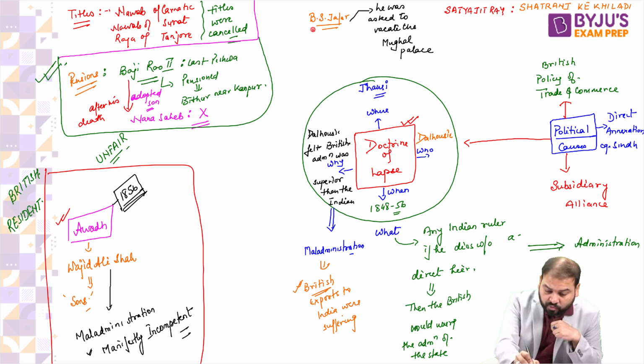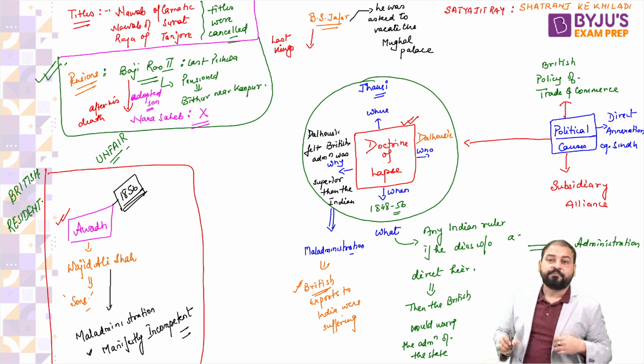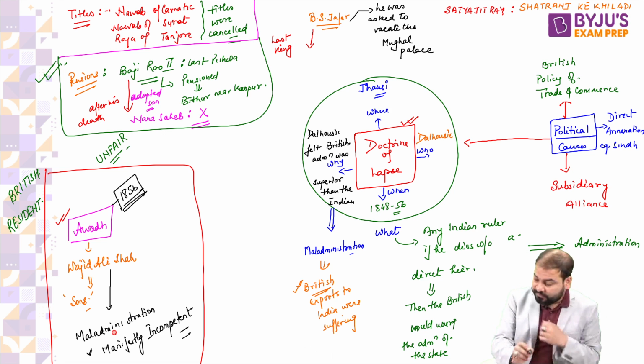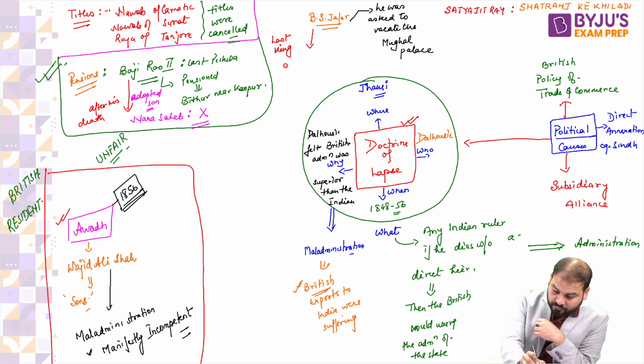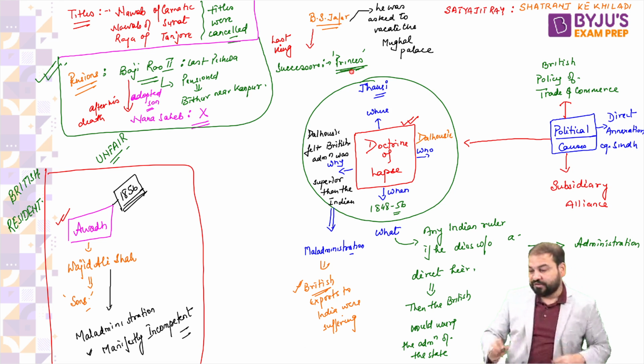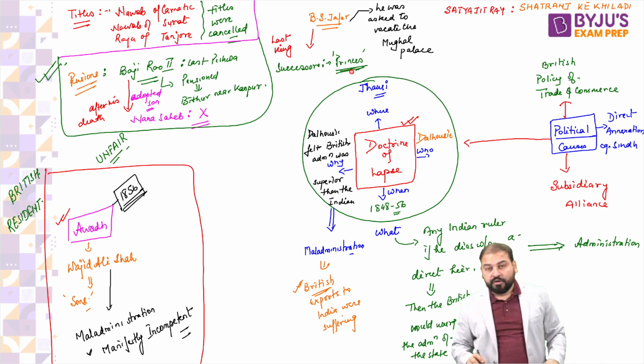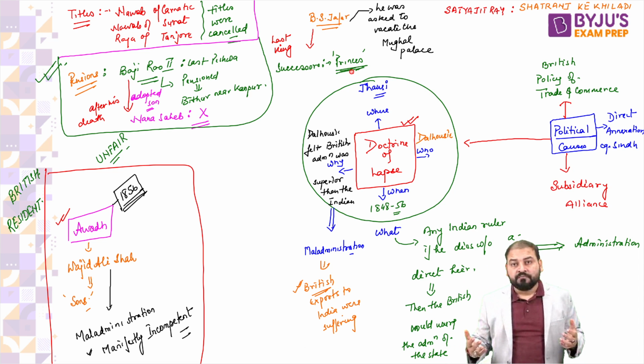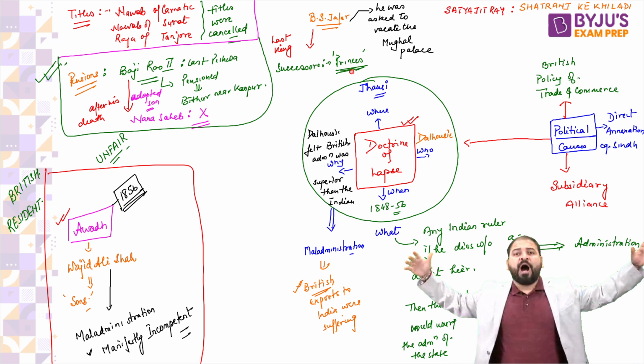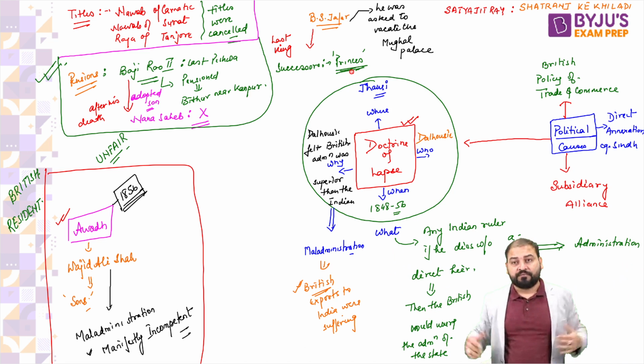And number two, he was told that you are the last king. That means your successors will merely be called princes. Everyone, do you understand this protocol? No longer Badshah Bahadur Shah Zafar.